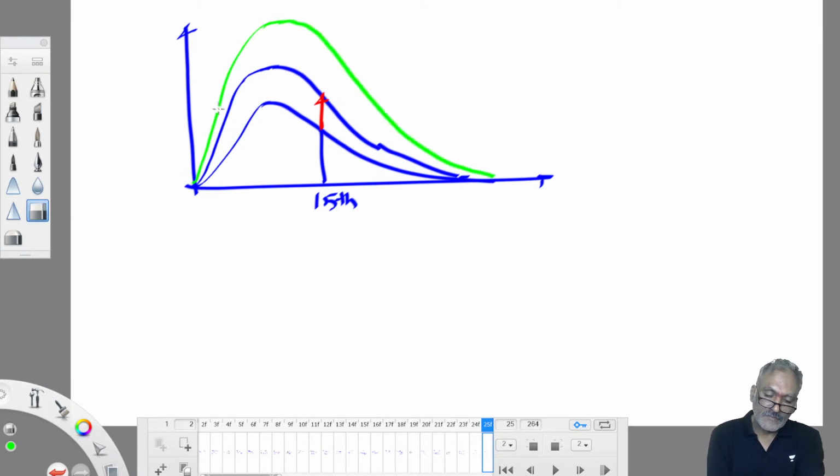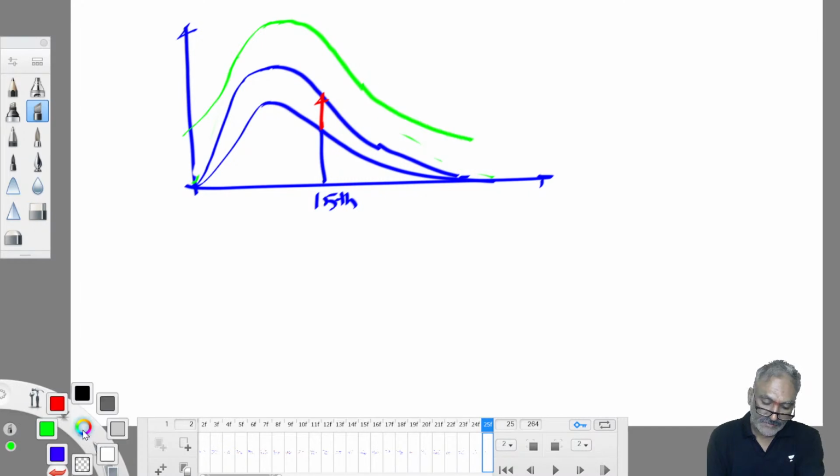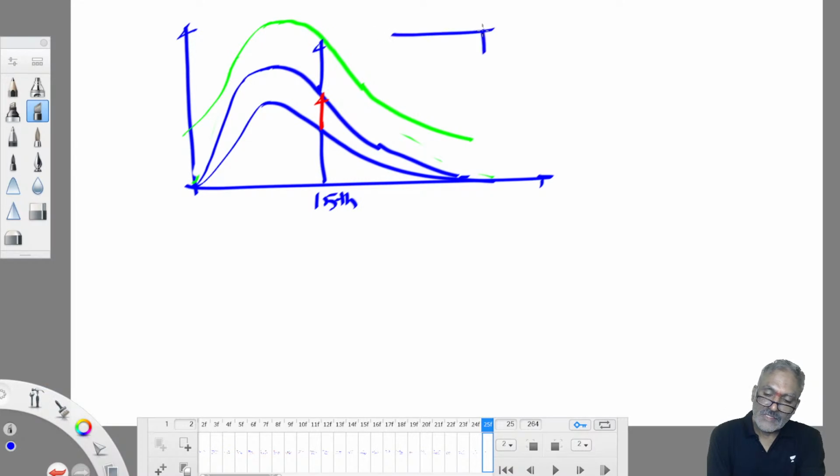If you add base flow, you will get that. So he is asking that one. This is flood discharge at the 15th hour time interval.